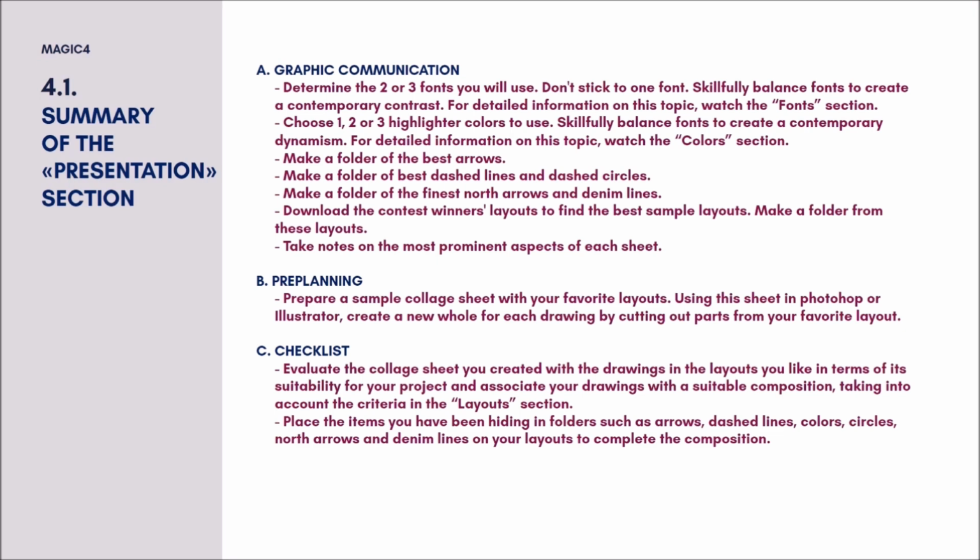Evaluate the collage sheet you created with the drawings and the layouts you like in terms of its suitability for your project, and associate your drawings with a suitable composition, taking into account the criteria in the Layouts section. Place the items you have been hiding in folders such as arrows, dashed lines, colors, circles, north arrows and denim lines on your layouts to complete the composition.